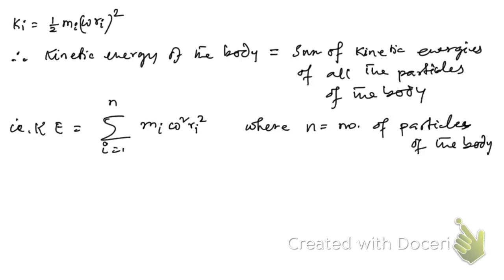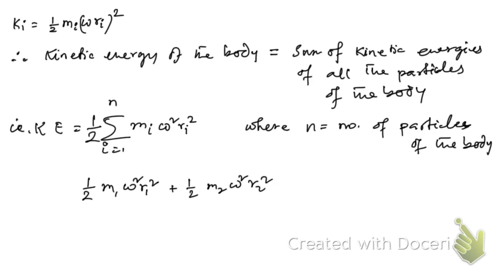Now you see, just wait. I have missed this half. Okay, you have to add all the kinetic energies of all particles: half m1 omega square r1 square plus half m2 omega square r2 square and so on.